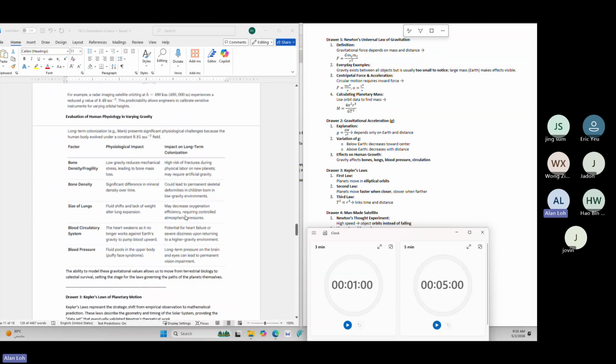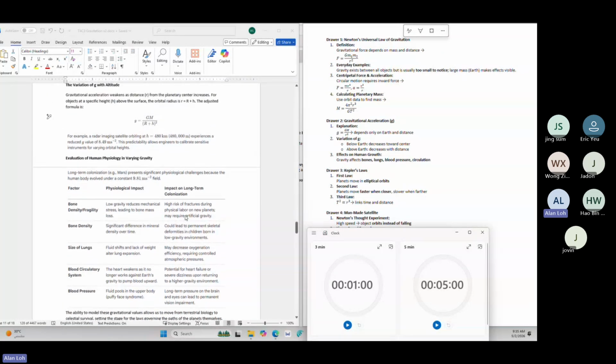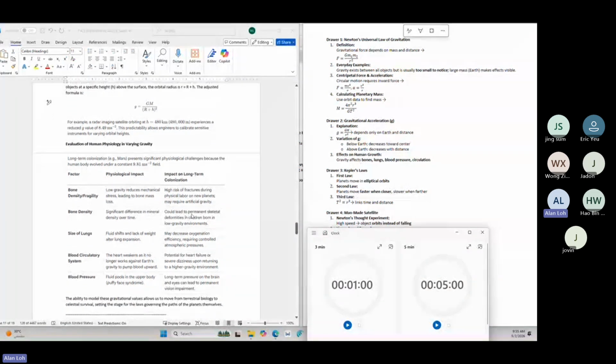Let's do the second part, the human body. Effect on human growth. Right, this part. Let's do 1 minute now.